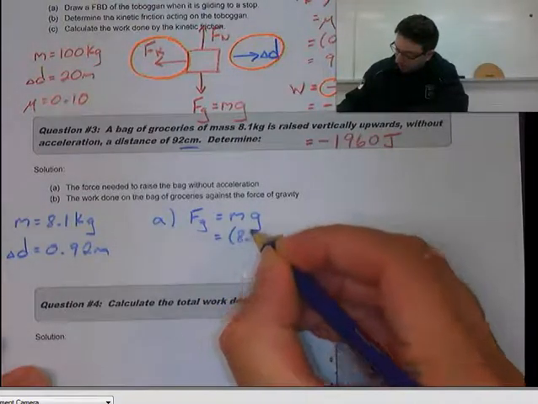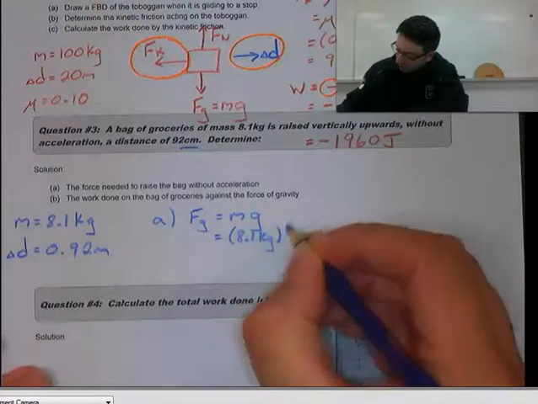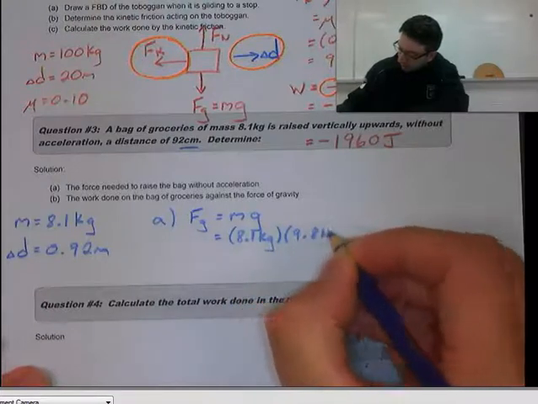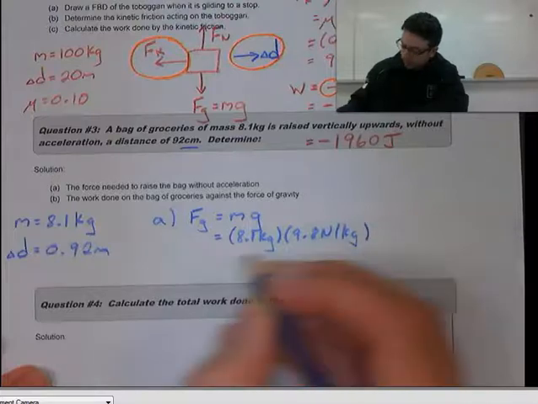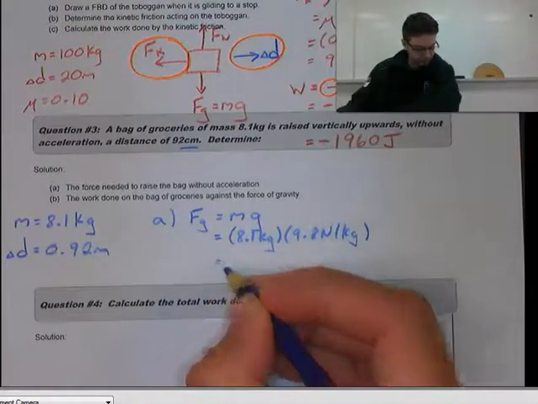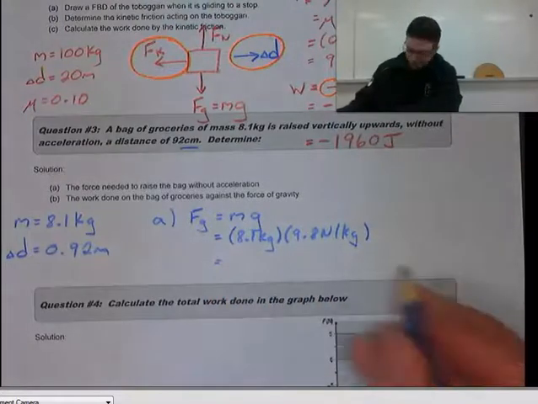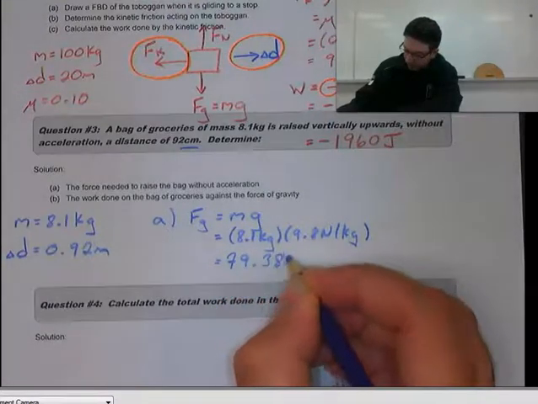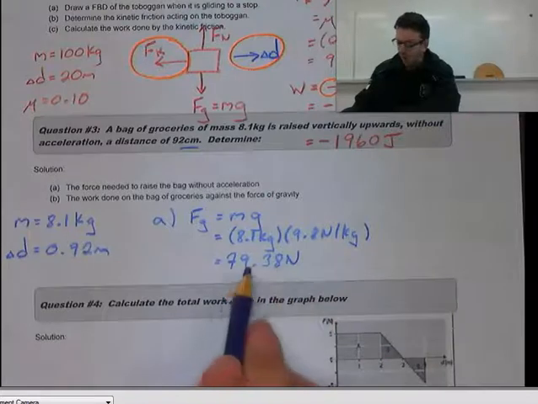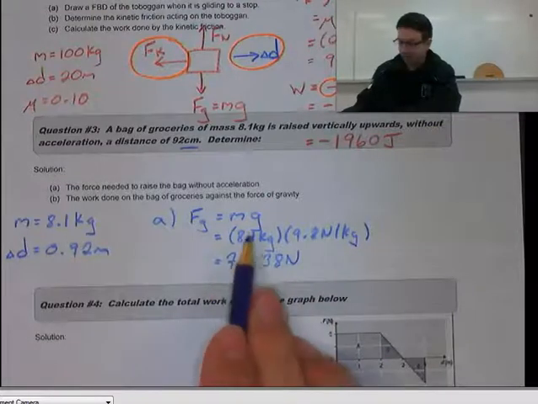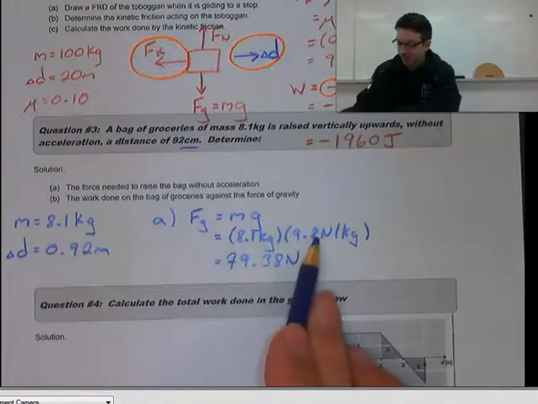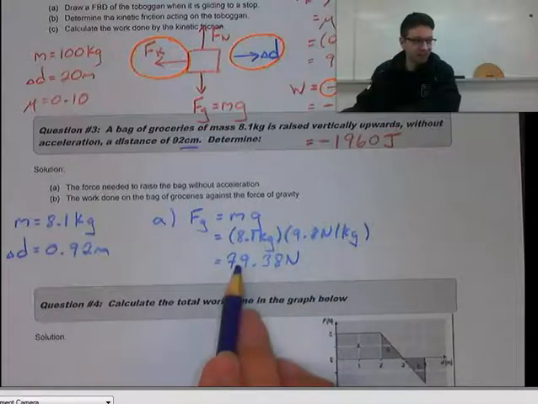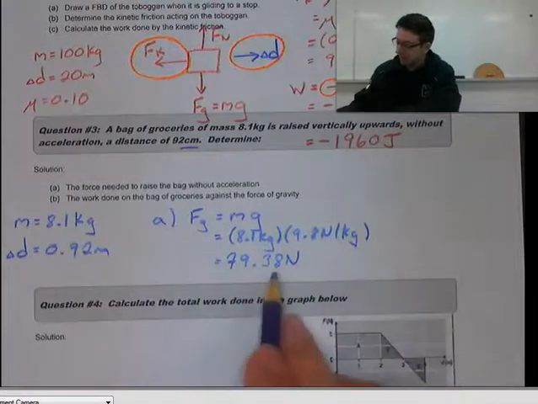So we have 8.1 kilograms times 9.8 newtons per kilogram, and you get 79.38 newtons. Technically, I would just write 79 newtons, rounding off to 2 significant digits. But since I'm going to use this result in my next question, I'm just going to leave that there for now.